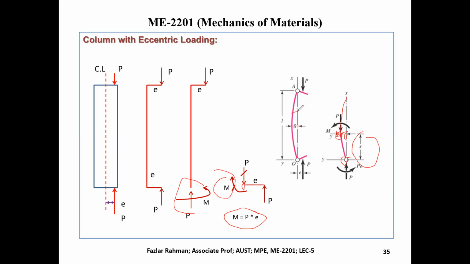Again Y decreases, and when X becomes L, Y value will be 0. So now we need to figure out, if you cut over here, how many forces are working.